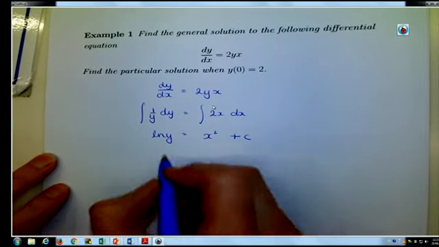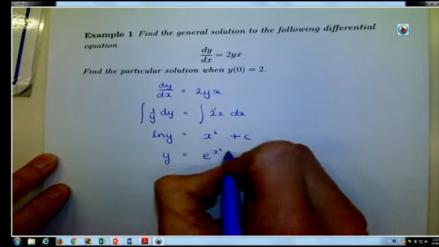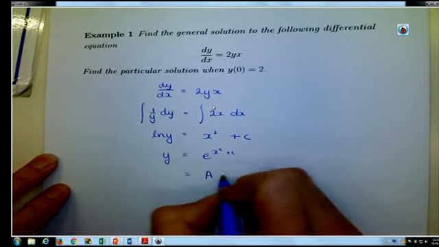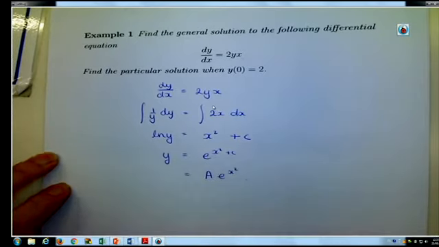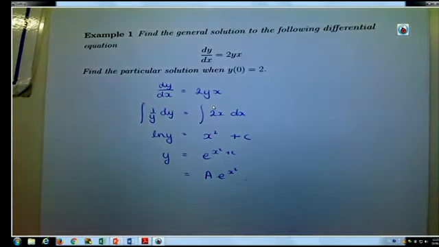Okay, I can take the exponential of both sides and I'll get y, and make sure you know your log laws too. Is that better?